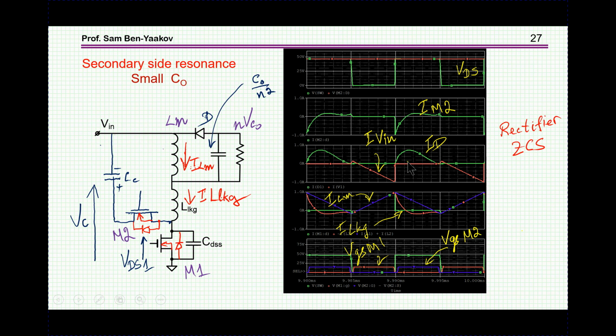And also we can see that we can achieve here zero current switching of the diode. This is the diode, and the current goes down to zero before I'm turning on this transistor. So this is really a nice way to go, and there are IC controllers offered by a number of vendors that use this approach.